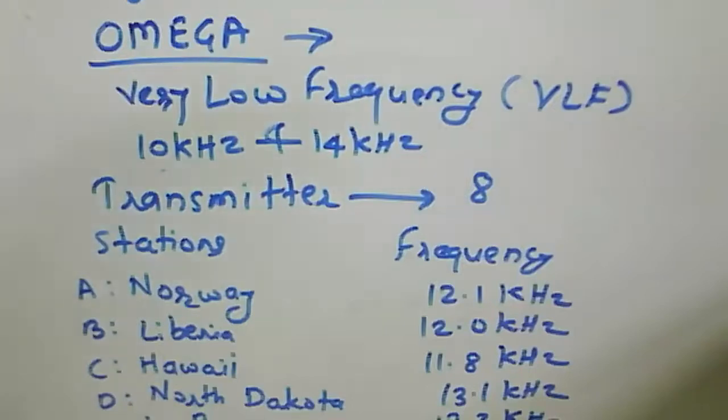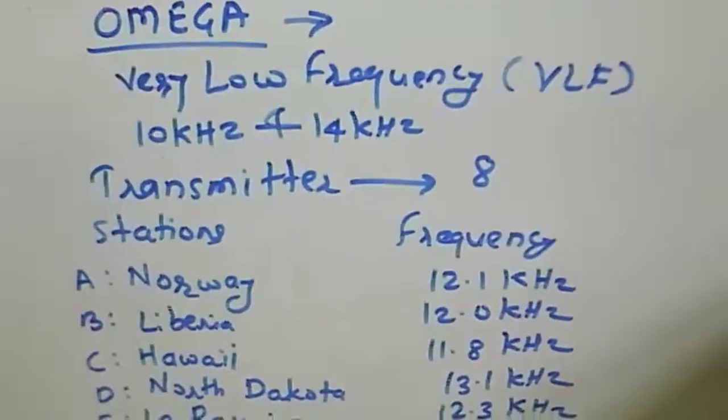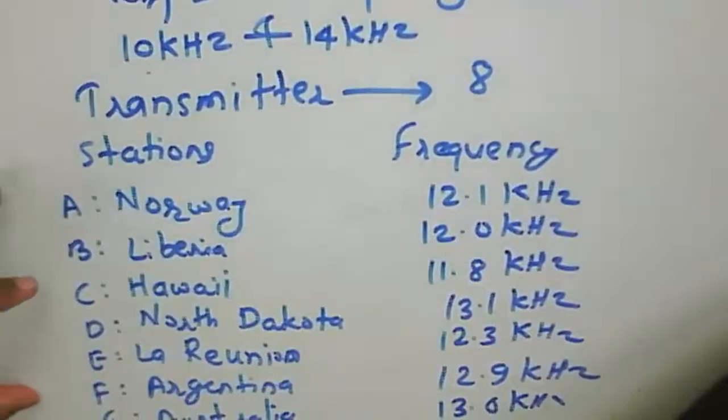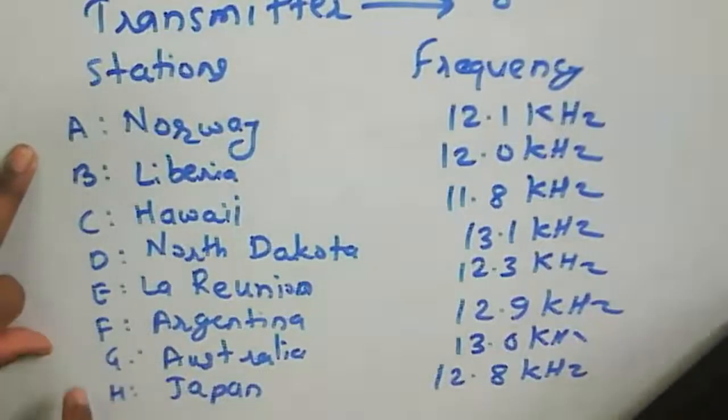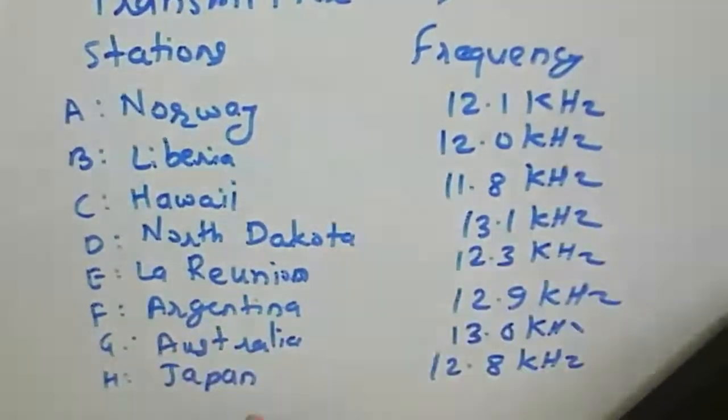The system consists of 8 widely spaced transmitters. These are the transmitting stations we have written here, A to H. These are the various transmitting stations and their operating frequencies, and these are all the 8 transmitting stations. They operate between 10 and 14 kilohertz, and among these 8 stations there is no master or secondary relationship.